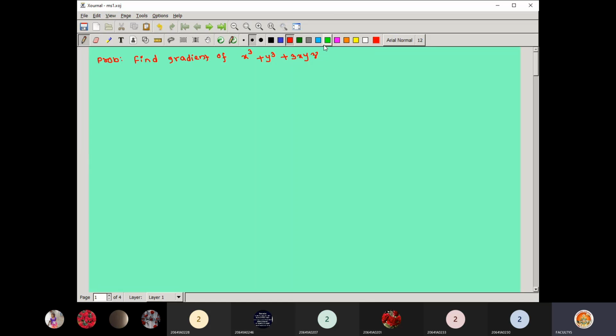So they are asking to find the gradient of a function at a point. The point is given, that point is (1, 1, -2).